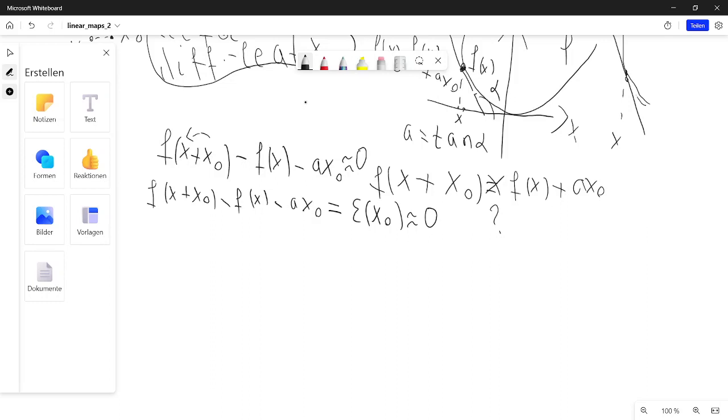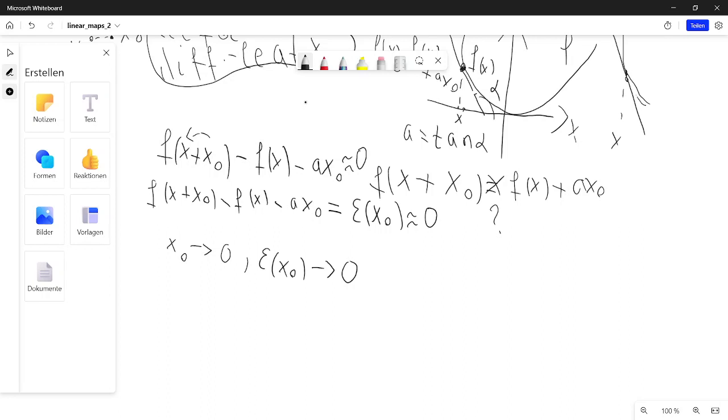Well, and as you can imagine, it would be just natural that as x0 goes to 0, this function should go to 0. But this, of course, wouldn't be enough, right?